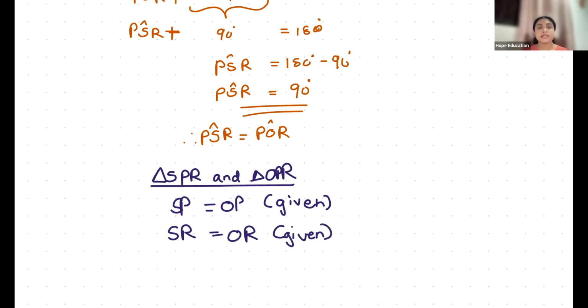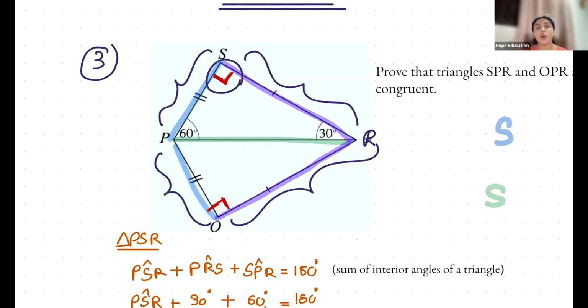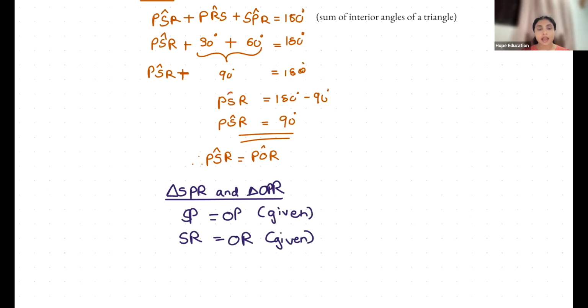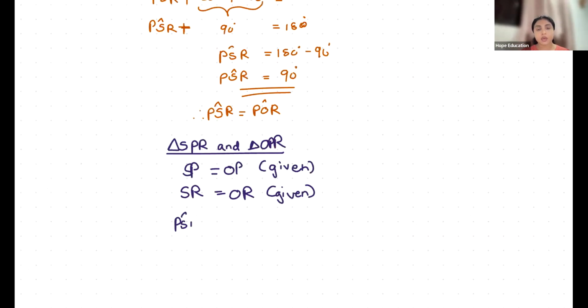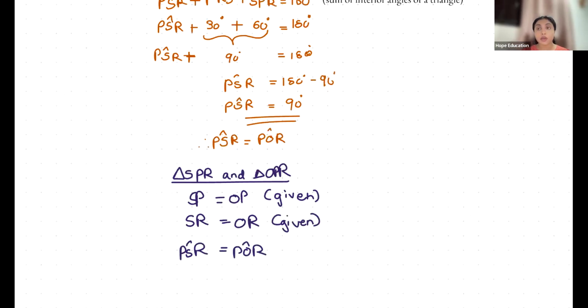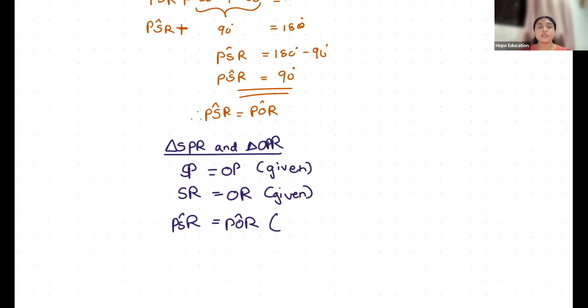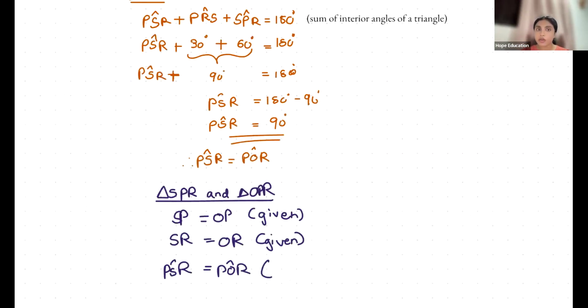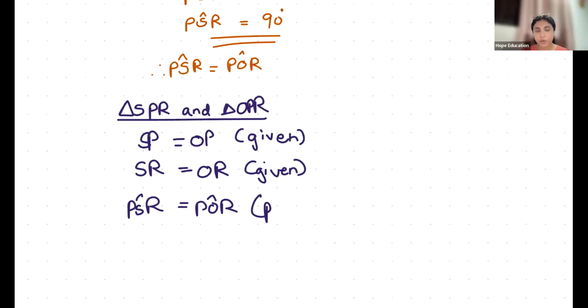Then PSR angle equals POR angle. And for the reason, what do I write? Here I took this entire time to prove that, no. So here I can just write proven above.